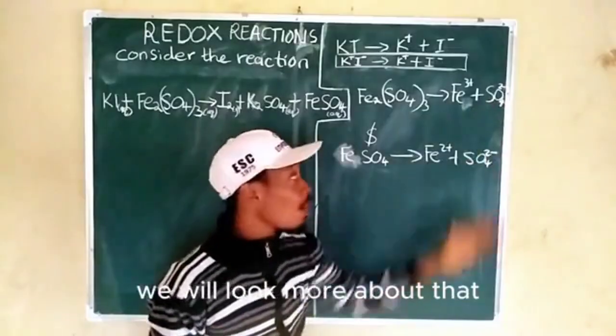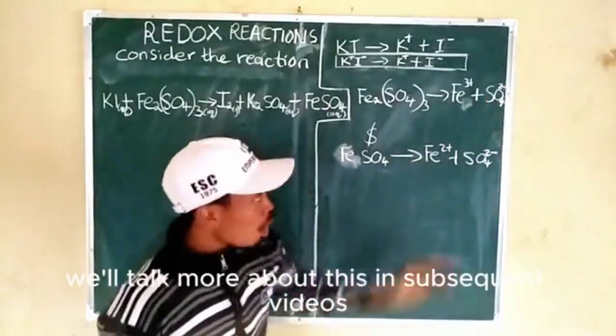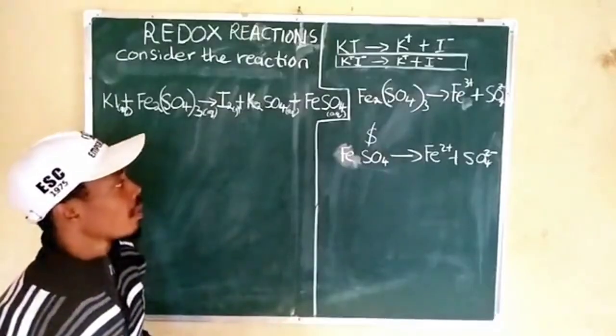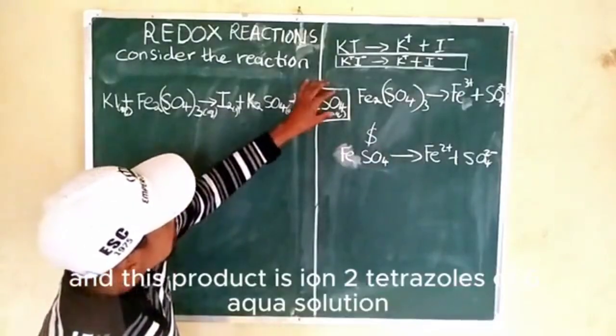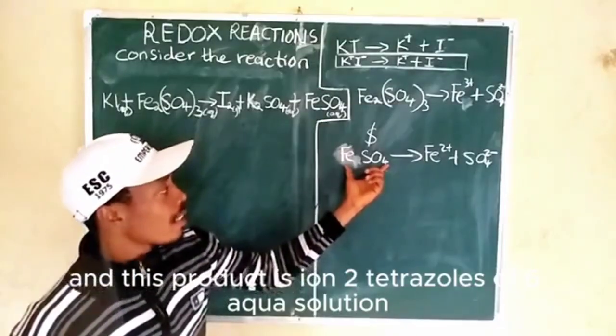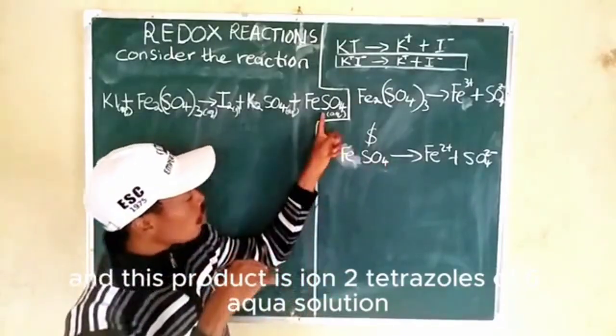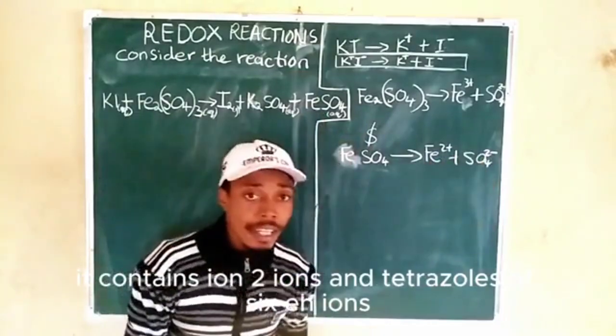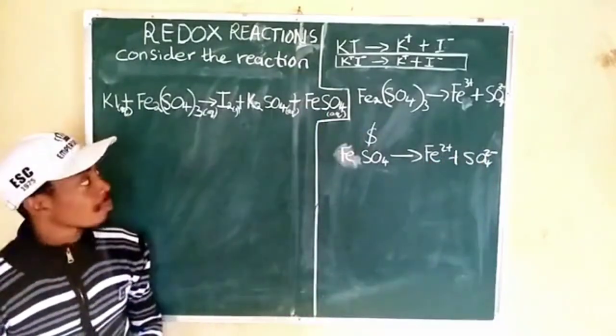We will look more at that. You can call it a radical. We'll talk more about this in subsequent videos. And this product is iron(II) tetraoxosulfate(VI) aqueous solution. It contains iron(II) ions and tetraoxosulfate(VI) ions.